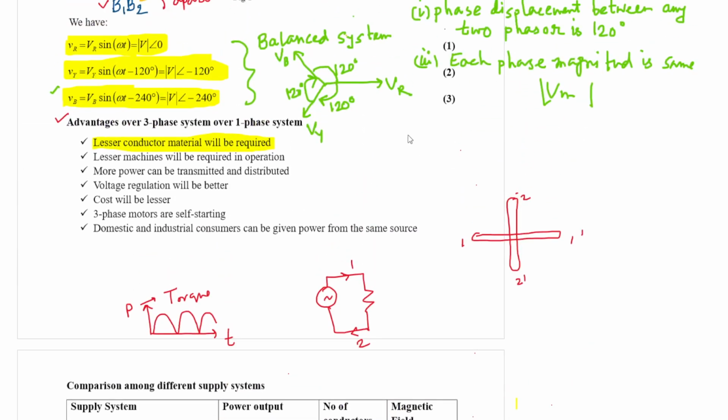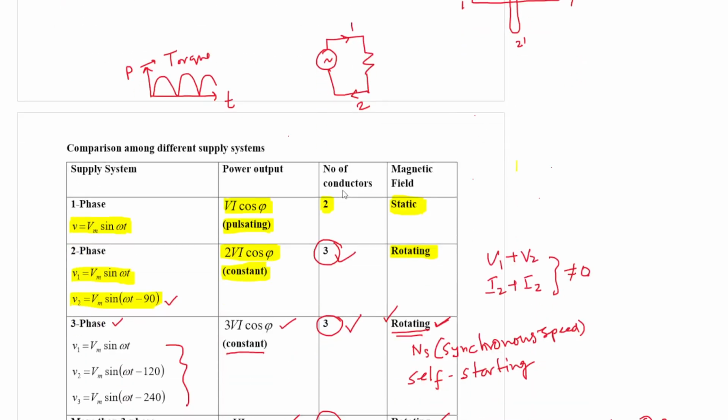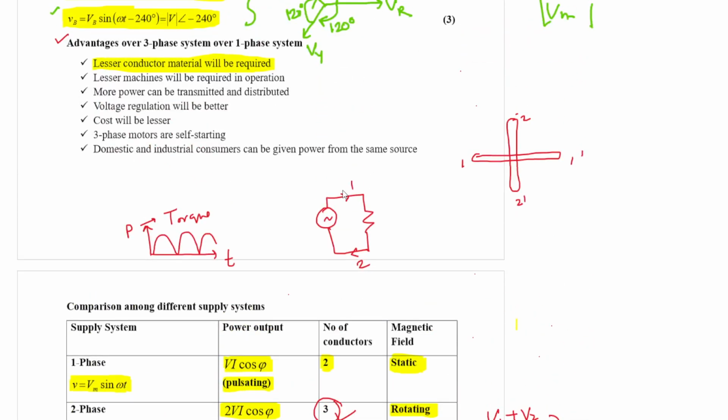Second one is, lesser machines will be required. If we use 3 single phase supplies separately, we require 3 different machines.